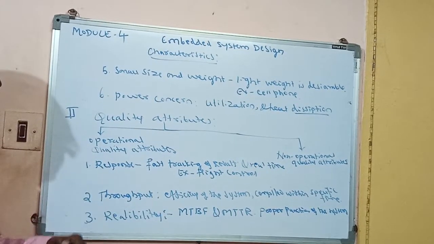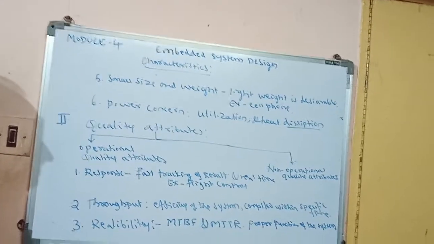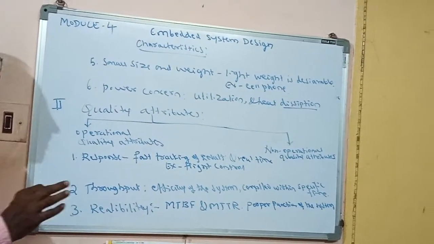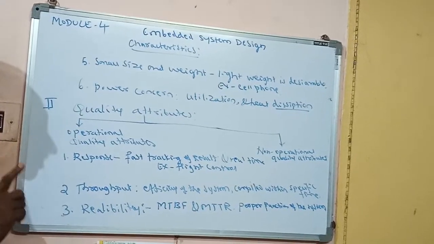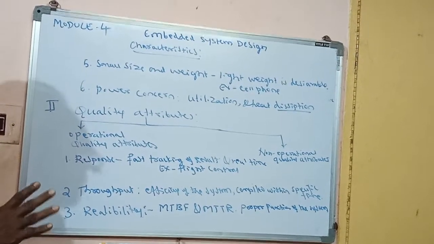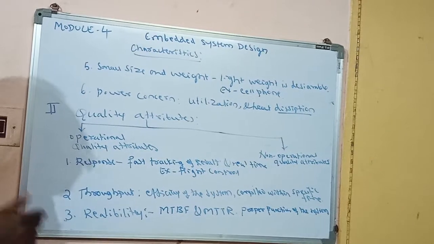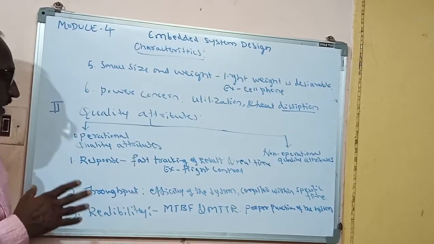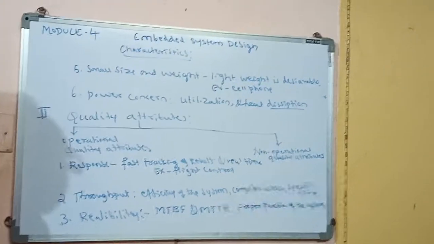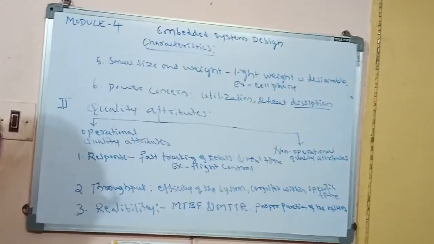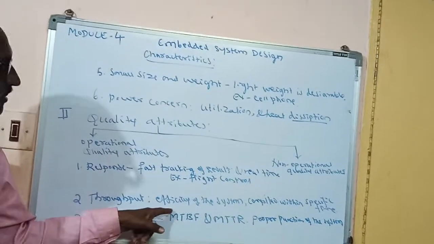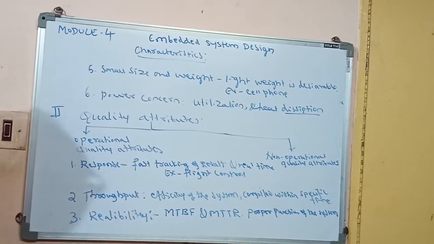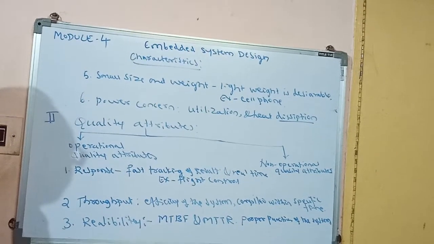Efficiency means we can measure whatever complex instruction or complex program we can execute within the specific time, then naturally the throughput of the system is increased. Otherwise, if we are not getting a specific output in time, the output is decreased. So an embedded system that avoids this type of delay will give the maximum efficiency of the system, and almost all complex operations are executed within the specific time.